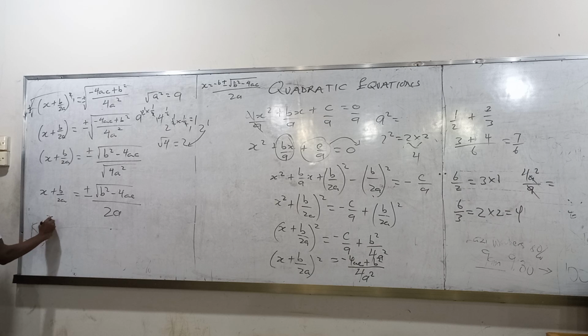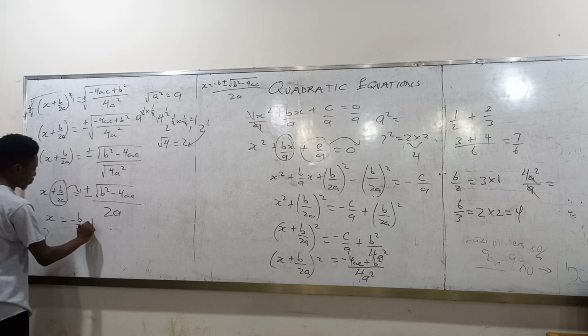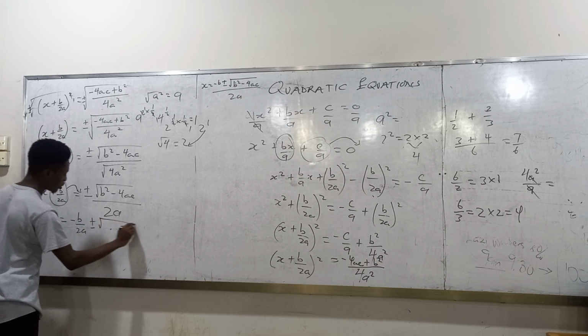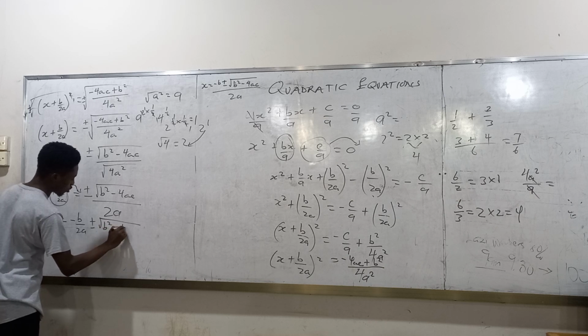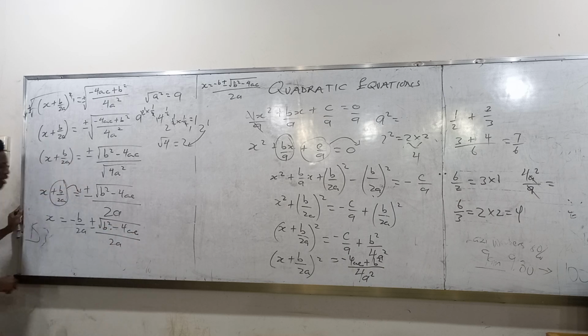So x becomes equal to, since it is positive, we are bringing it here because we are making x the subject. So it becomes negative b over 2a plus or minus root b squared minus 4ac all over 2a.